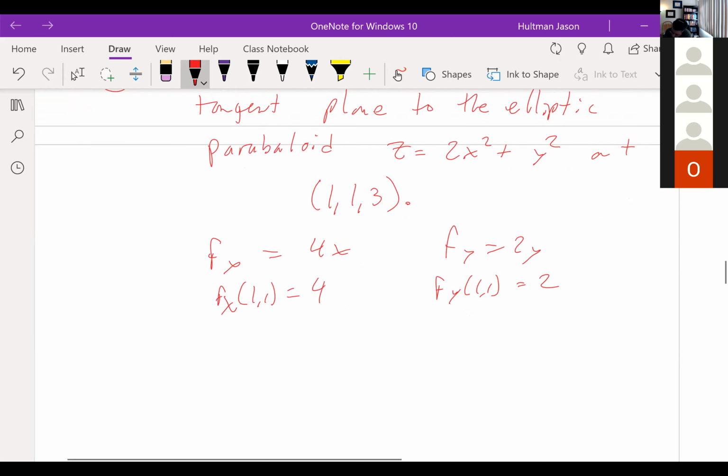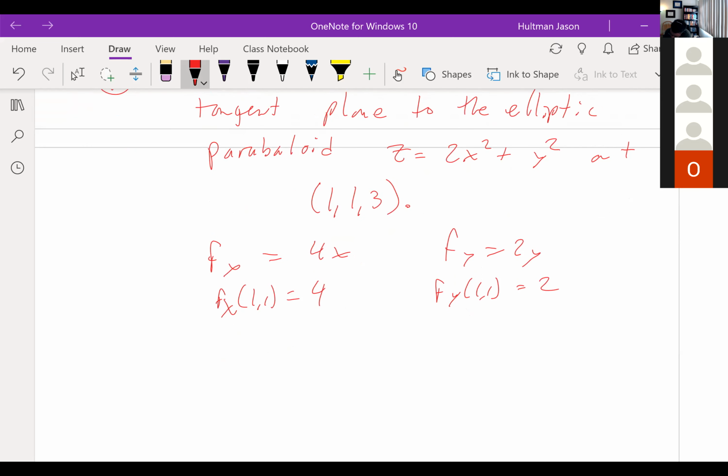Okay, so what's the equation of the tangent plane? Well, this is going to be z minus z naught, which is 3 at that point, is equal to f sub x, which is 4, times x minus x naught, which is 1, plus 2 times y minus 1.